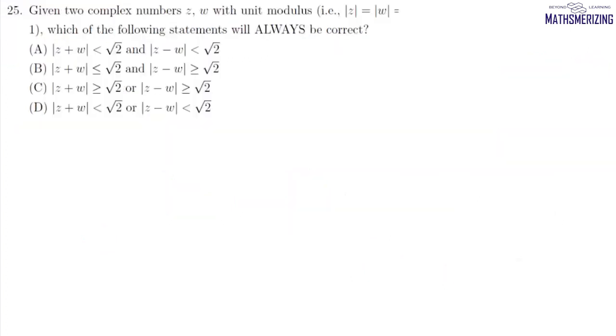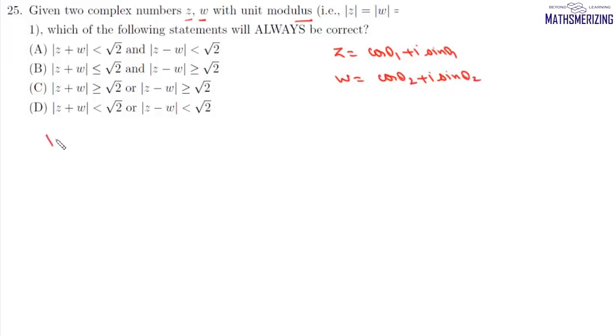Now question number 25 is, we are given two complex numbers z and w with unit modulus. Now we can let z as cos theta 1 plus iota sin theta 1, and we can write w as cos theta 2 plus iota sin theta 2.